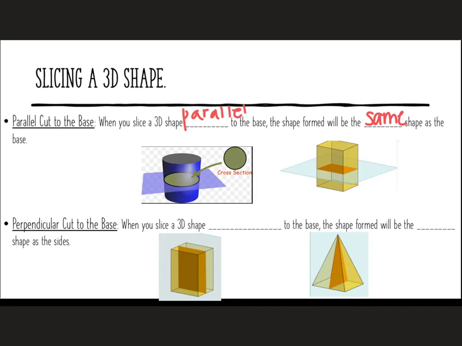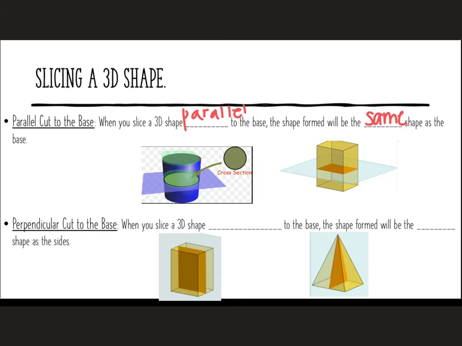I have a cylinder and I have a rectangular prism. Notice they are creating that cross section. They split it parallel to the base, and the 2D shape that you formed is the same shape as the base. So in a cylinder, our base here was a circle. So the cross section it created when I cut it parallel to the base was a circle.